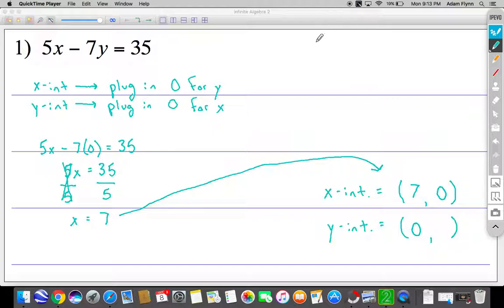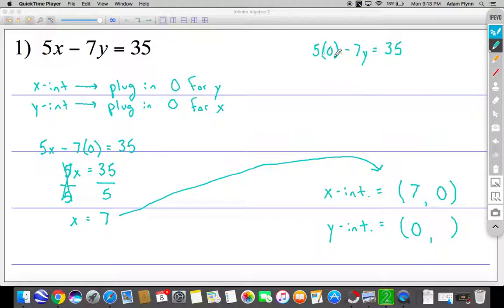So now I'll do the y-intercept, and I'll go right up here. So I have 5, instead of x I'm plugging in 0, and it's 5 times 0, it's not 50, minus 7y equals 35.